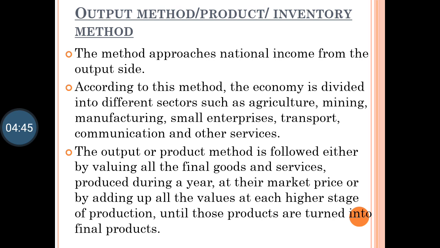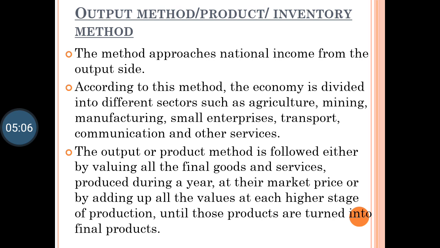Now in the first method, that is the final goods approach, we take into consideration the value of final goods and services. For example, if we talk about sugar, we take into consideration the final market price of sugar.